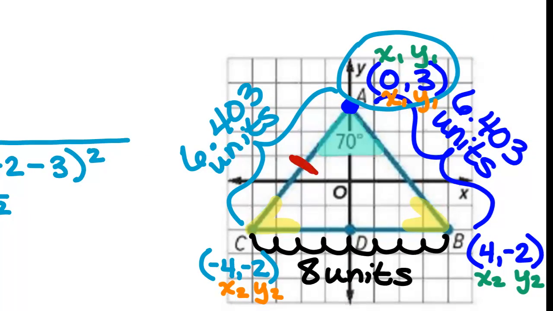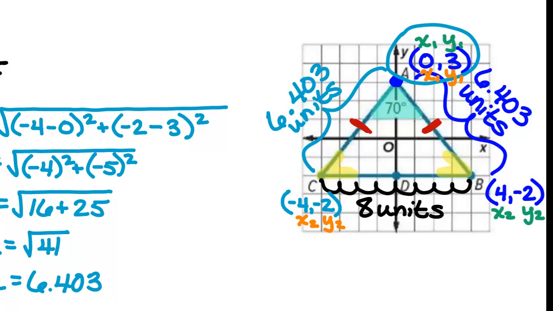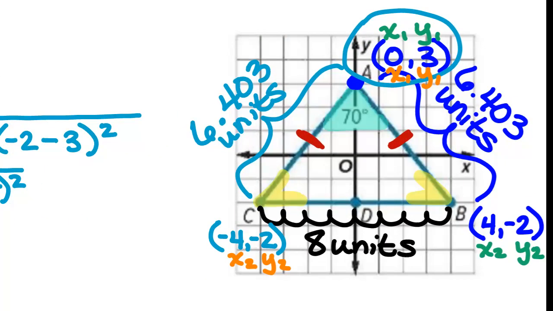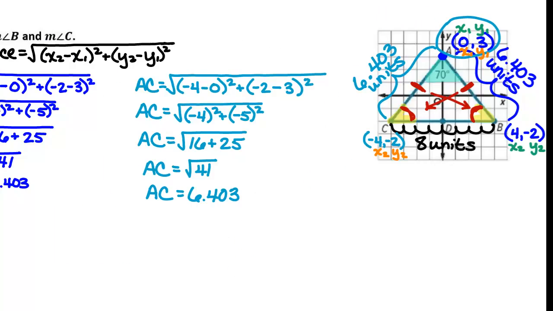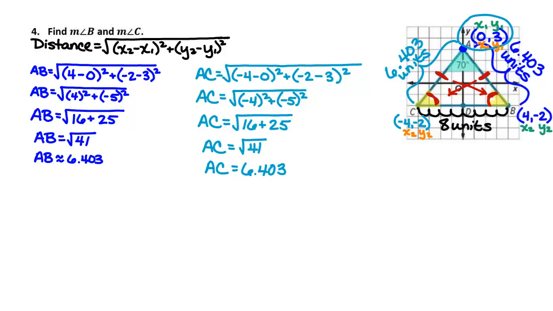So what kind of triangle are we looking at? Isosceles. This side right here is congruent to this side right here, which means what about angles C and B? C and D, they are congruent. They are opposite my two congruent sides, so they are congruent to each other. I don't know how big they are, so what could I call them?